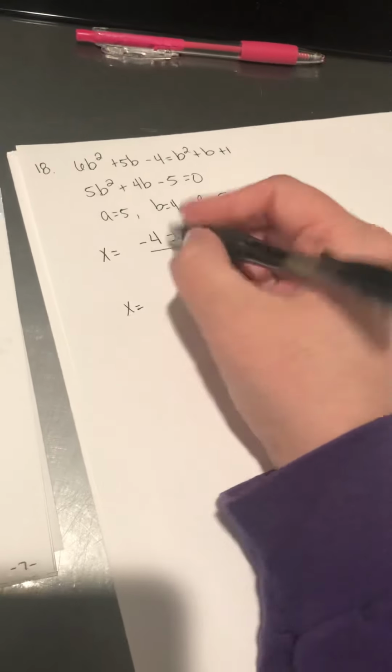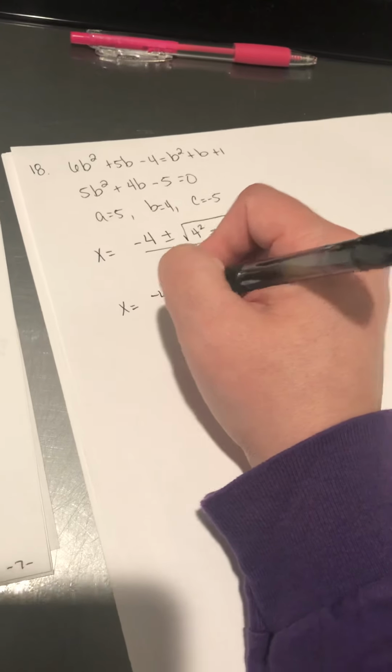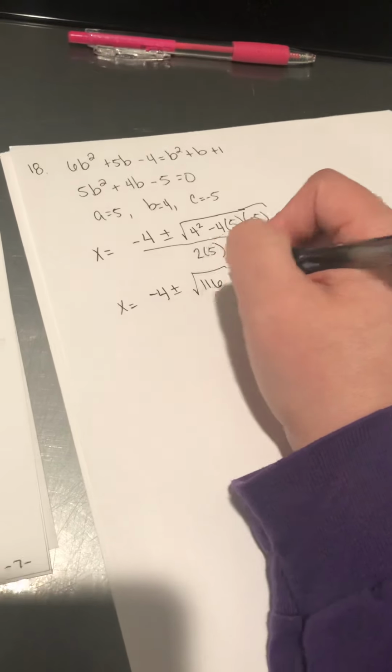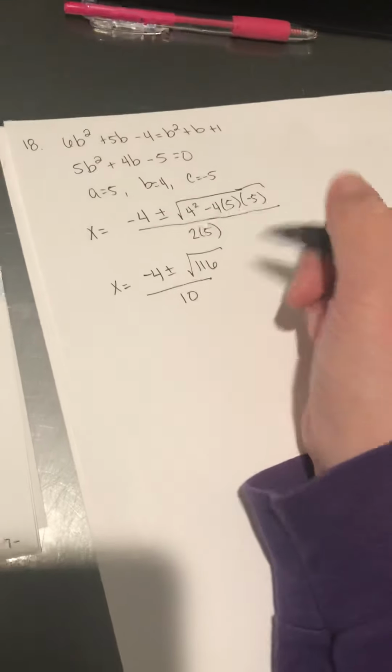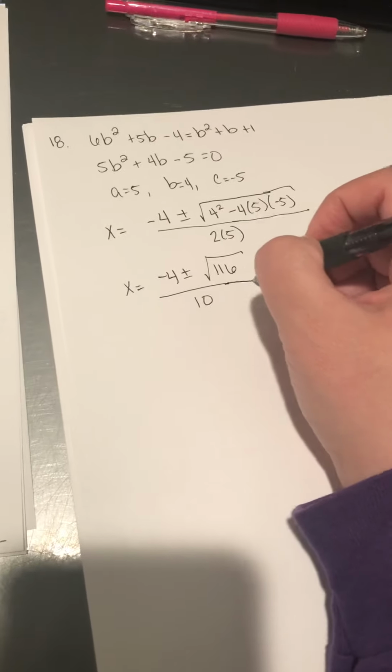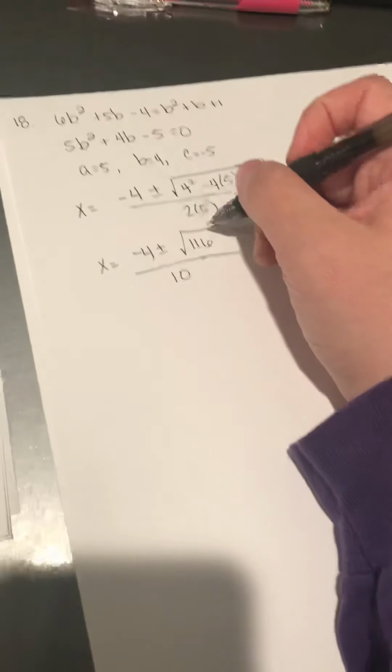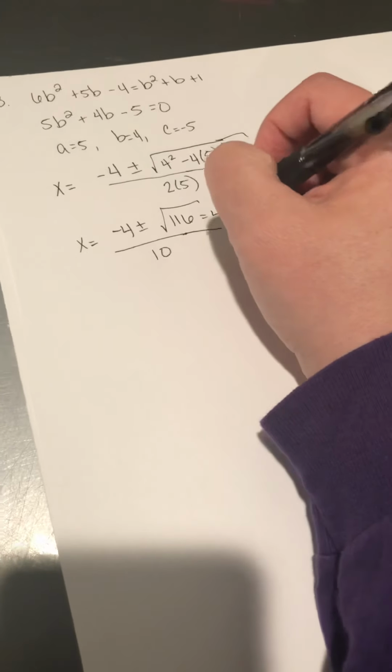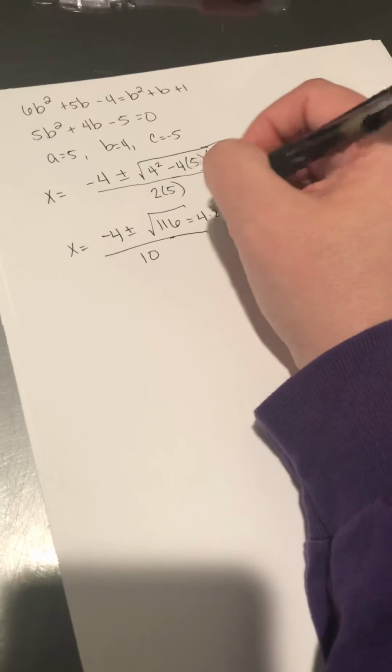And then just simplify. If I simplify this, it's 116 divided by 10. You can leave your answers in radical form, that's fine. But if you can simplify the radical, you need to do that. So 116 is 4 times 29, and the square root of 4 is 2.